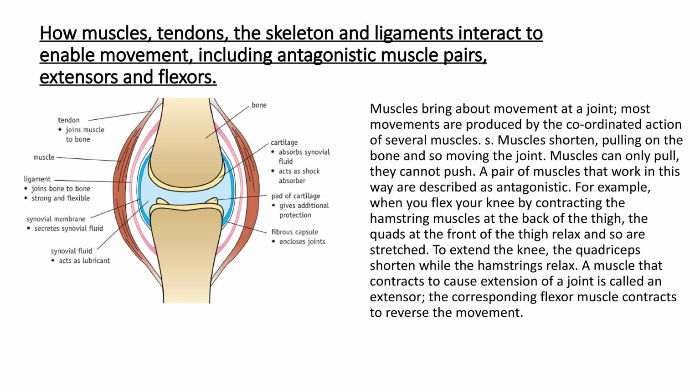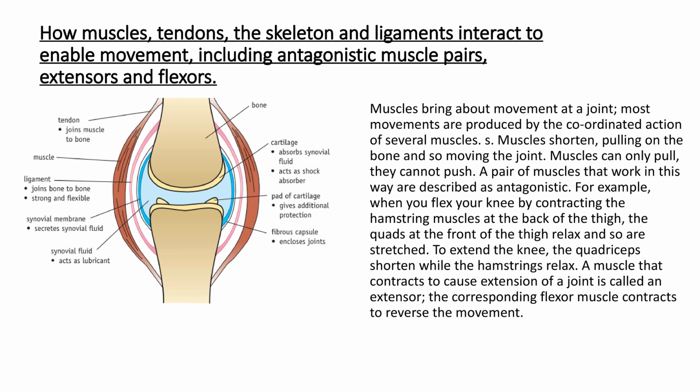The red portion, the meaty part, is the muscle, and the narrow red part is the ligament which joins bone to bone, and it is very strong and flexible. The synovial fluid is the blue part here, and the synovial membrane is the bluish part over here.